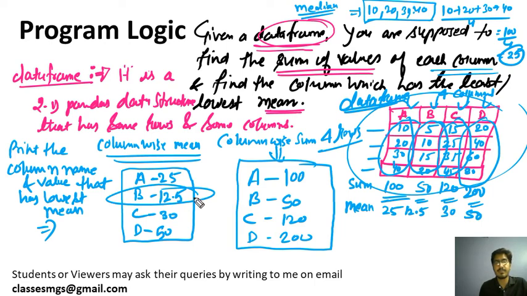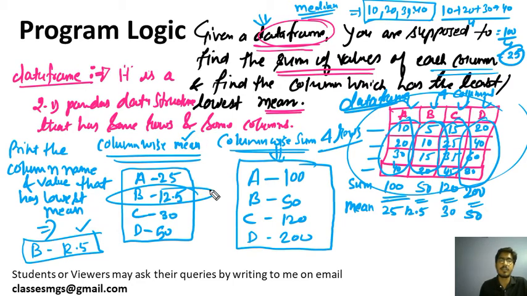B is the column which has the lowest mean. So he is asking for the output like this, 12.5. So he will give you a data frame like this, and you are supposed to find the column wise sum, then the mean, and then the column name that has the lowest mean in the output. Okay. So this is actually the problem statement.